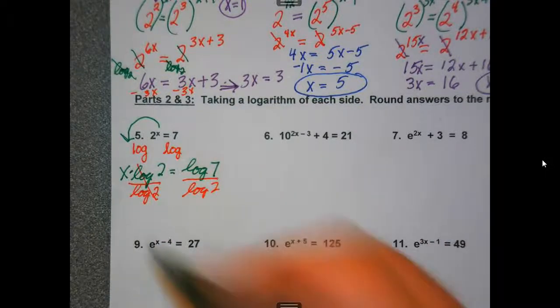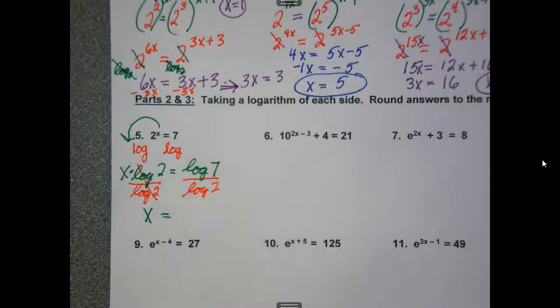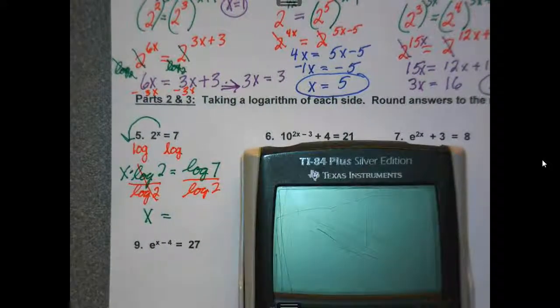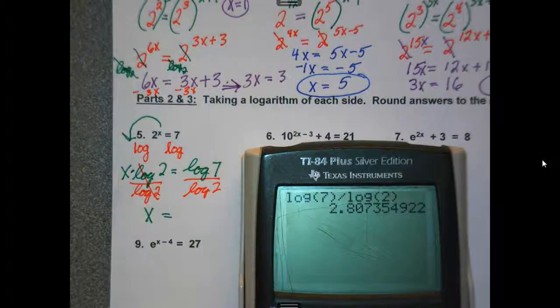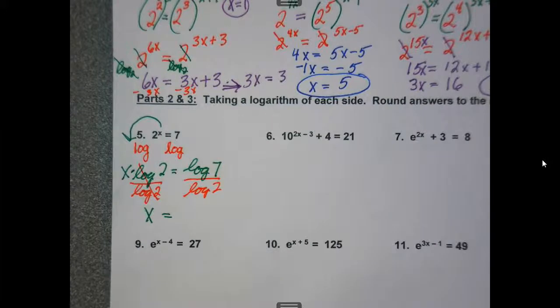So x is going to equal, let's see, log 7 divided by log 2. Enter. And how many decimal places, Nate? 3. 2.807.